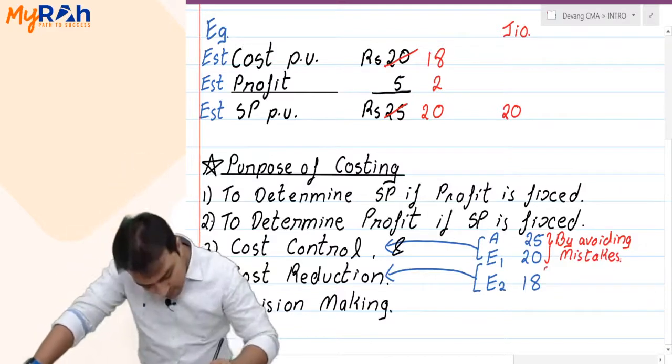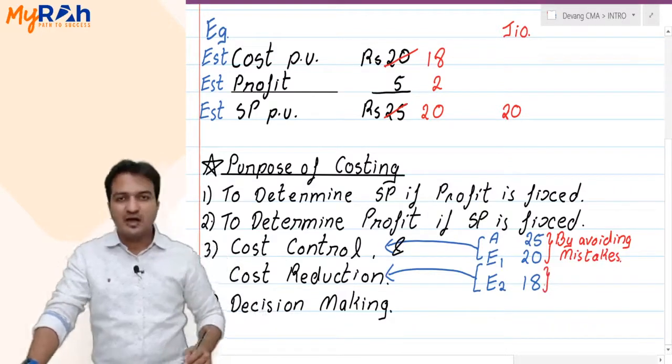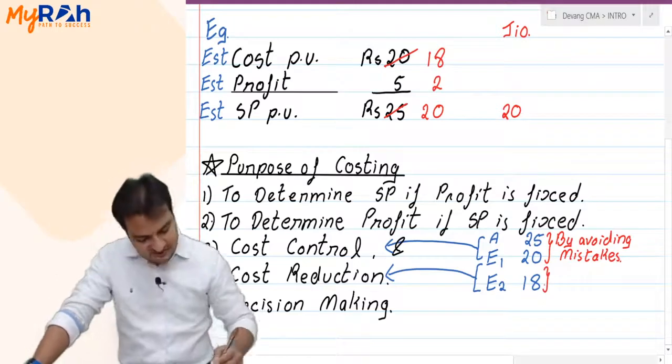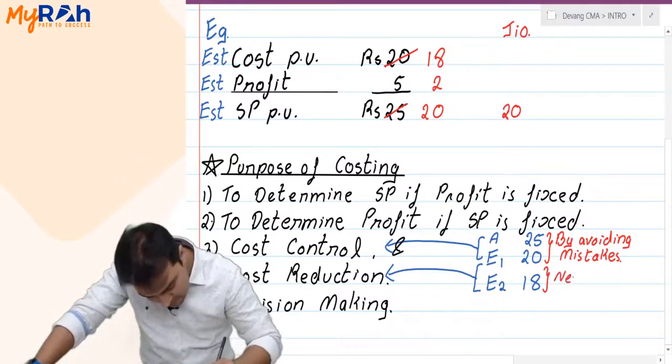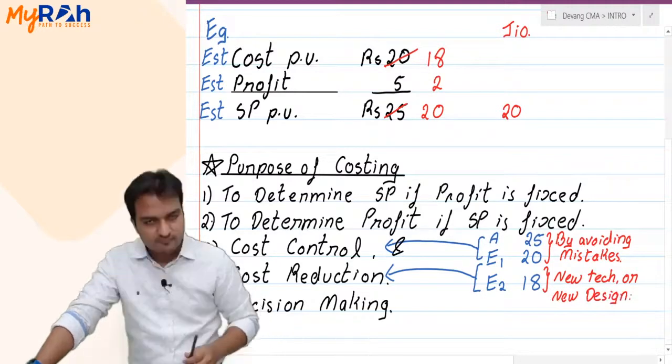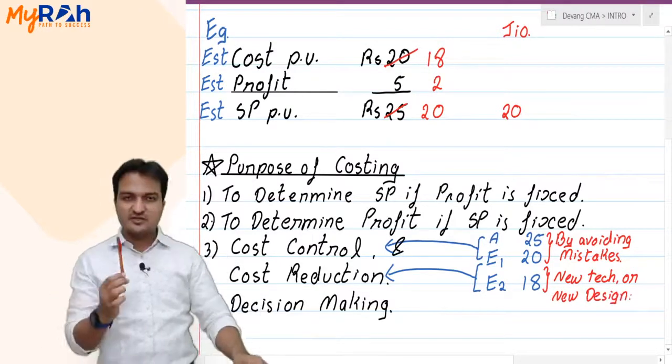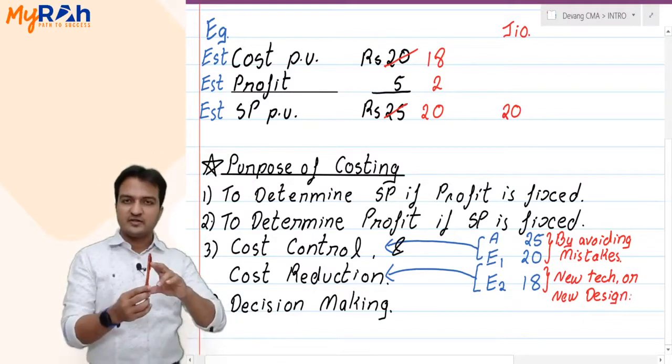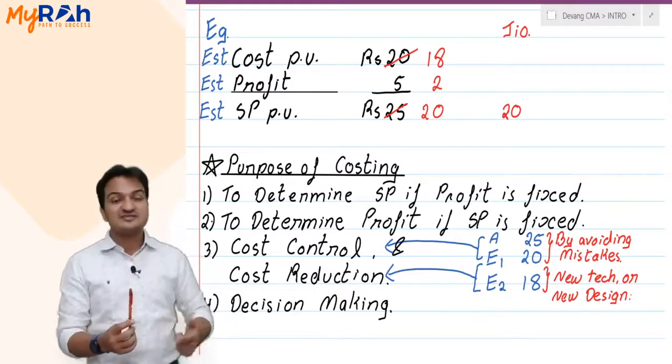But from 20 to 18, this decrease I will not be able to do by avoiding mistakes. For that, I need to think of, say, some new technology, or maybe new design. Like this example, I changed the design of the pencil, cut the length of the pencil. That might give me some decrease in my estimated cost.